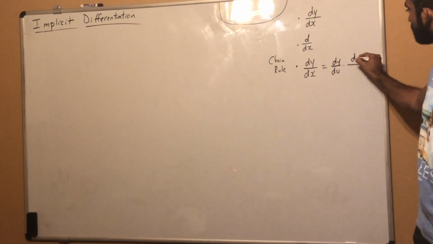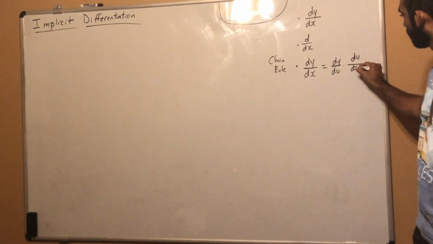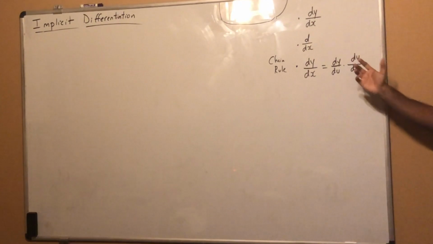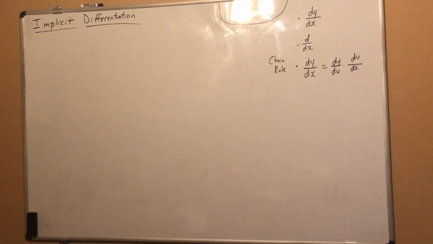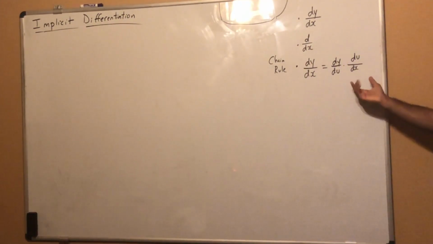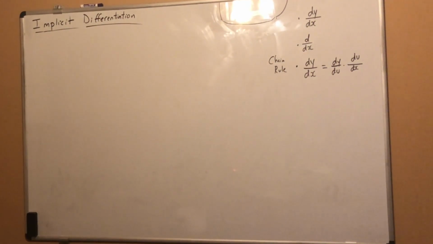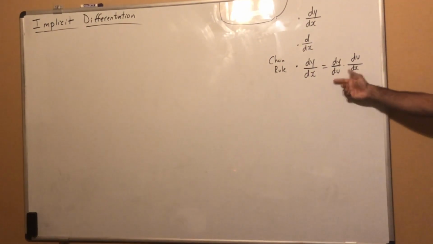We prove that in a very rigorous fashion, but just off the cuff, intuitively, you can think of these du's as offsetting each other. Don't think of them as strictly canceling, because these aren't just simple fractions, these are derivatives, they're functions, and the properties of functions are a bit more complicated than the properties of fractions. But still, as an off the cuff way to remember the chain rule, you just think of the du's as offsetting each other.